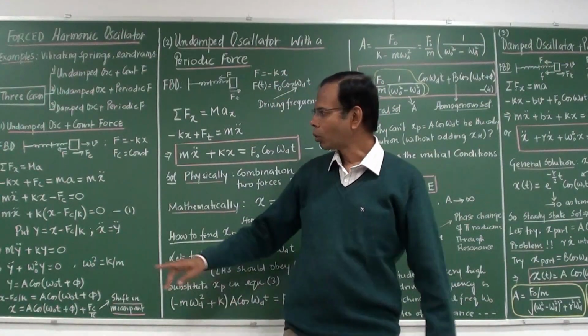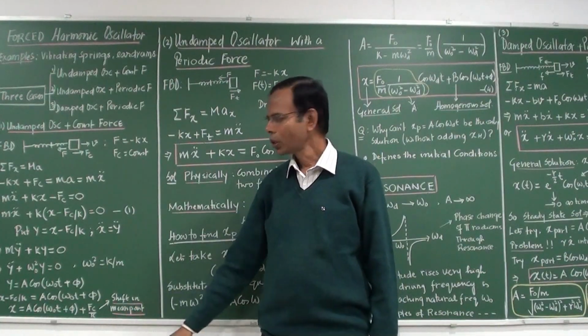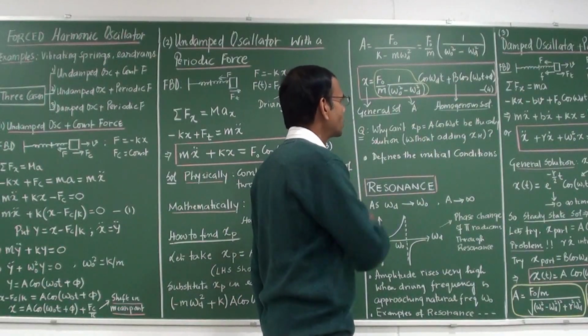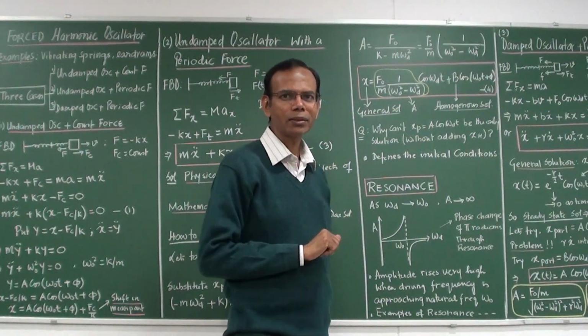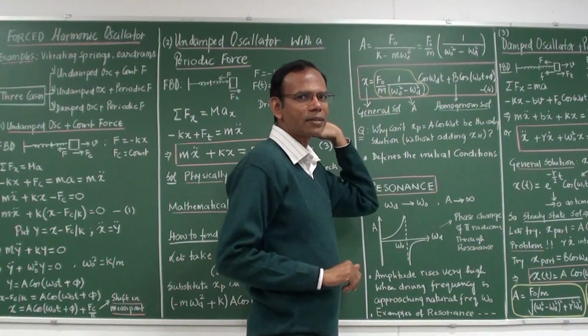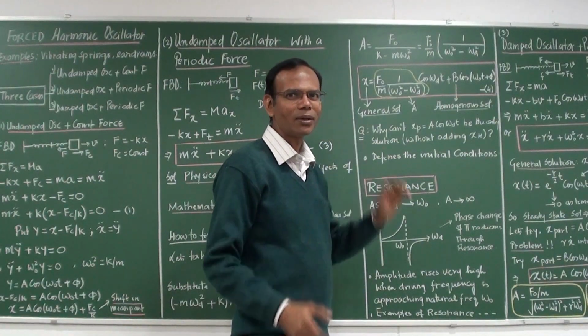So it will go back, if you see over here, f0 by k. Alright? So basically you get back the same as the first case, when there was a constant force. So our solution is in agreement with the first case.